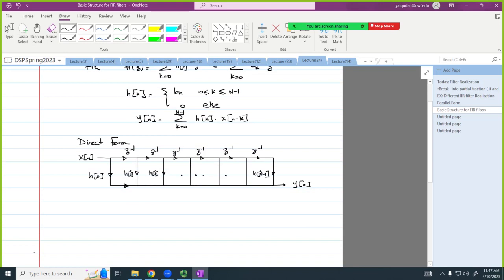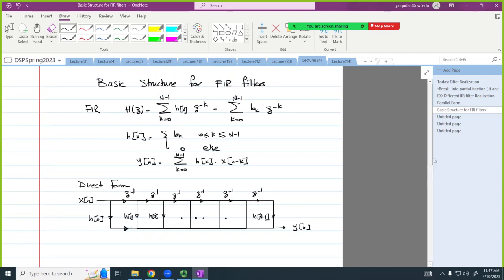So if you look at this filter, this looks similar to the direct form 2 with all the a's equal to 0. With the filter not having a denominator, the denominator is equal to 1 here. There are no poles.